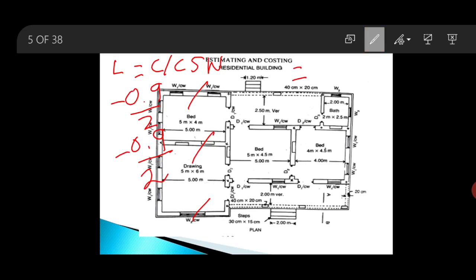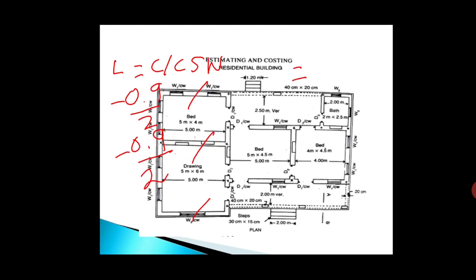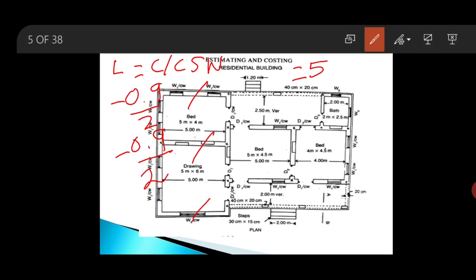The center to center length of short wall is 5.3. In the short wall we have to subtract half of the width of the foundation as the walls have already been completed. So this is the net length.